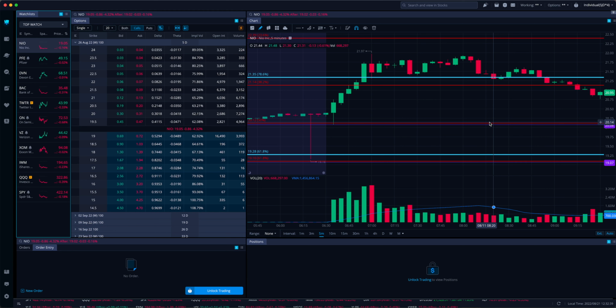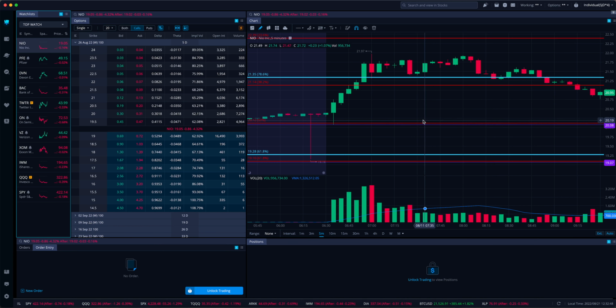And for that reason, I'll go in smaller size. I might take a half size of my normal position or even a third size. And the reason I do that is because if this trigger doesn't hold on this retest, it can flush hard and fast. In 5 minutes, you could be down 20, 30% and you need to cut.